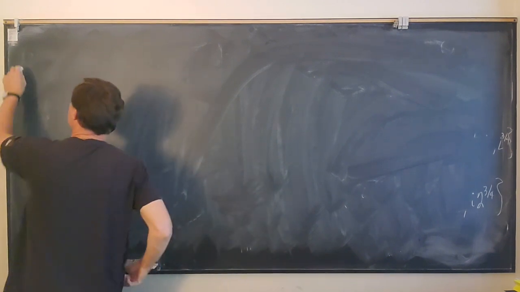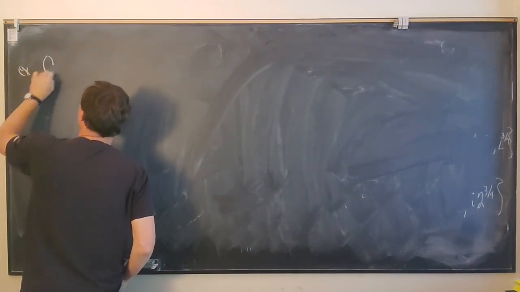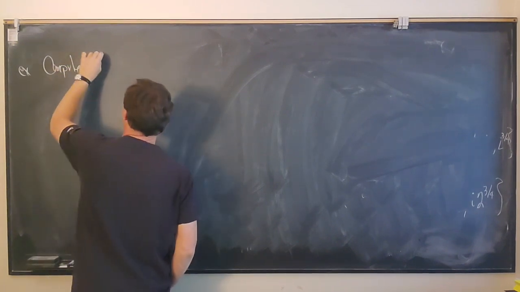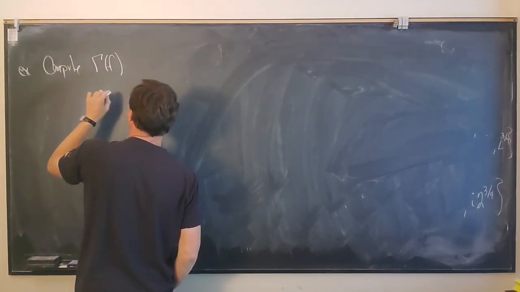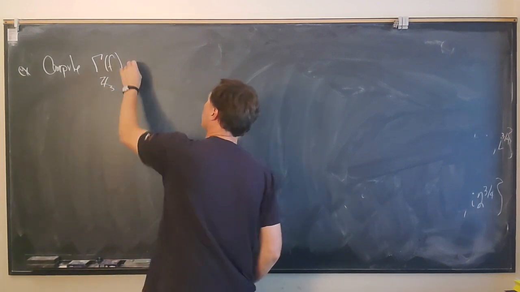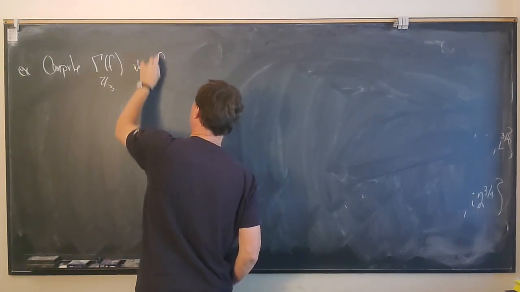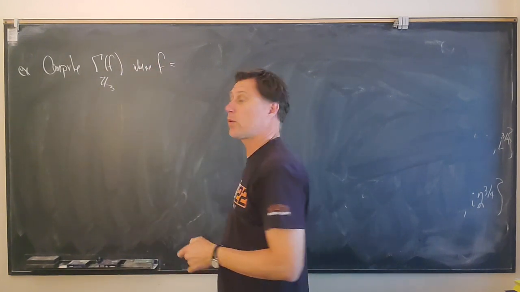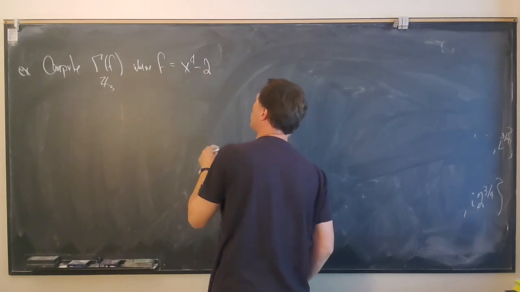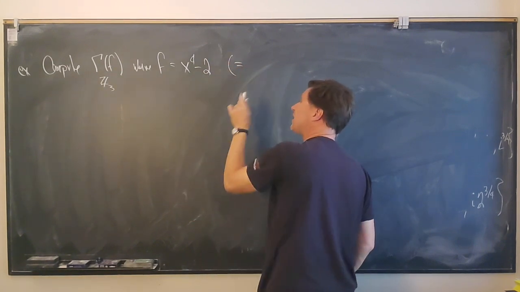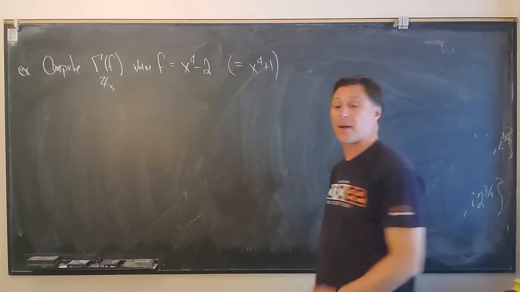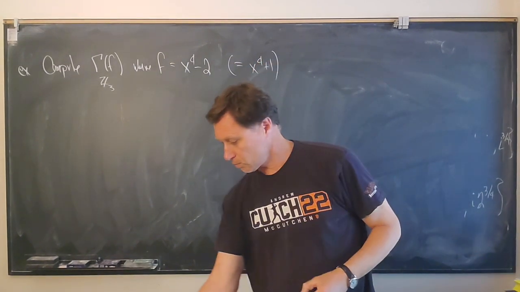So for my next example, I want to compute the Galois group of F over Z3, where F is exactly the same polynomial we had before, x to the 4th minus 2, which, by the way, in Z3, is equal to x to the 4th plus 1, right? Minus 2 is the same as plus 1.